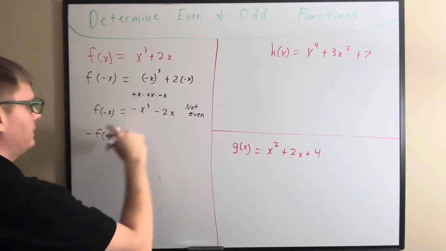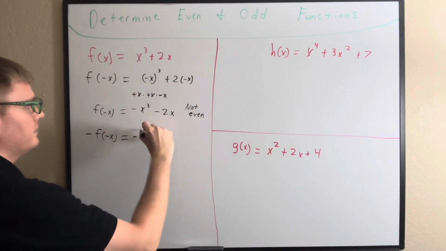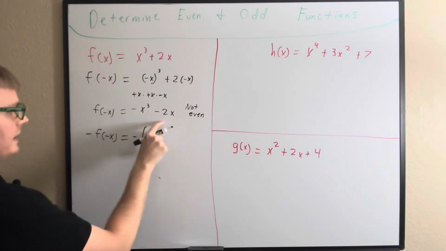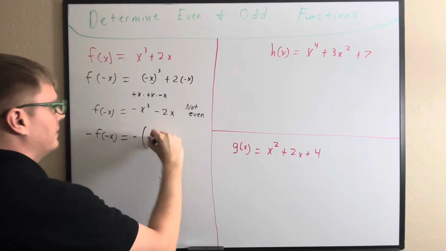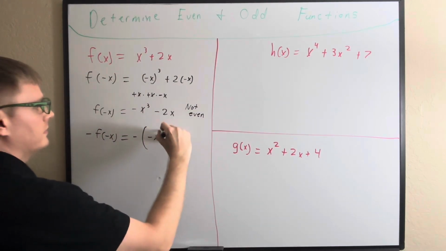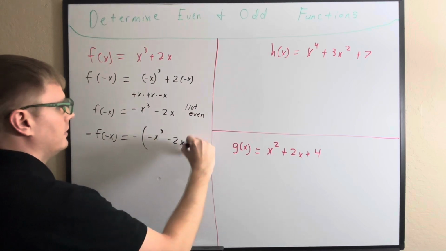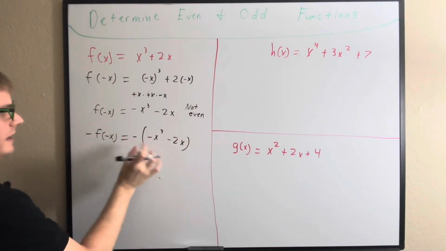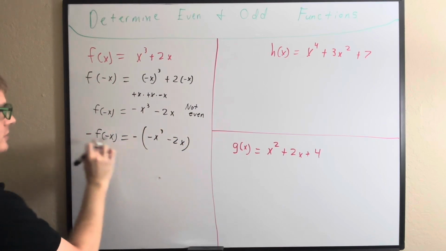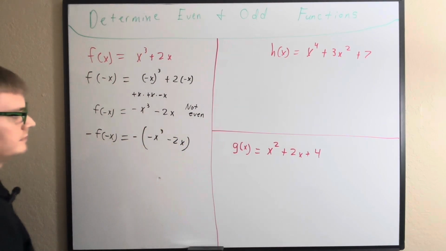By doing that, all we do is multiply what we just did, f of negative x, by a negative, because whatever that is, it ends up being our whole output. So we multiply it by a negative and we get negative f of negative x.